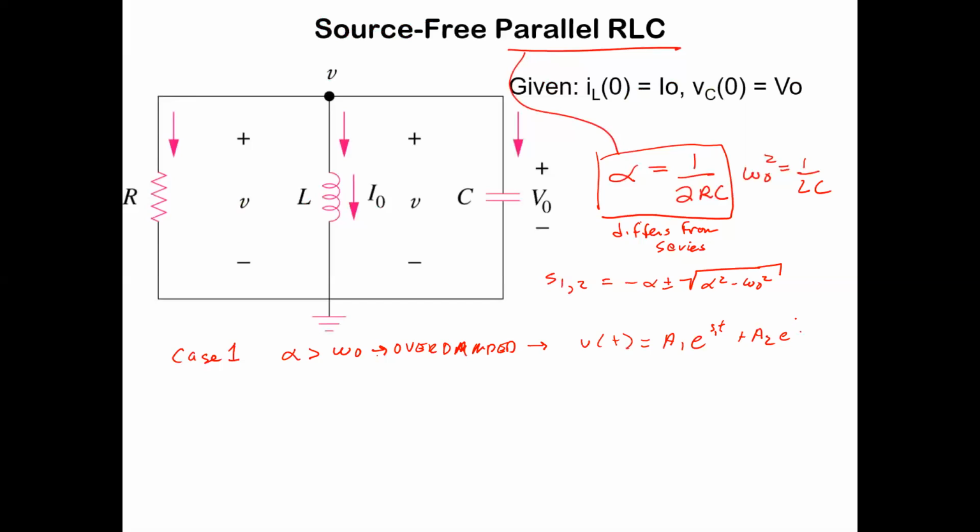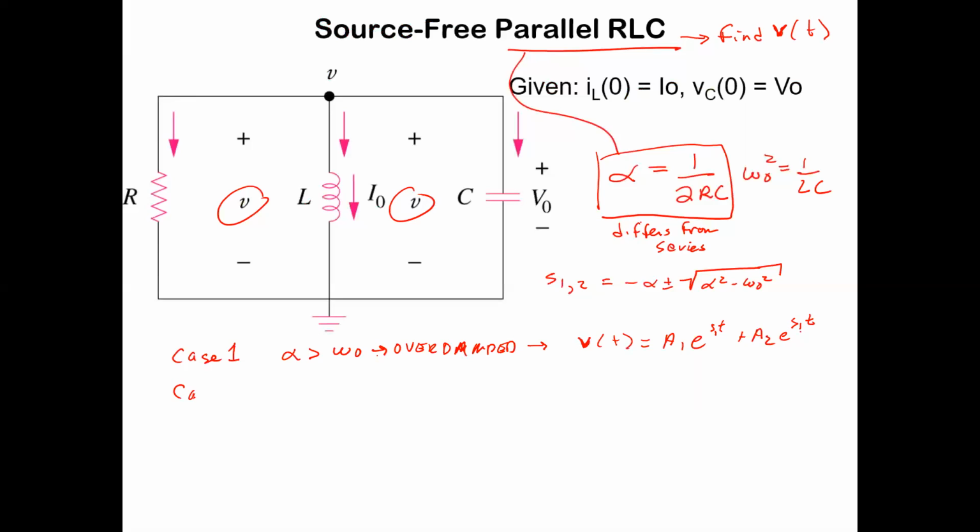I should also say we're defining the solution in terms of v now, because v is the common parameter in all those elements, right? So the solution is in terms of v. We're finding a v of t now instead of i of t. Those are the only two real differences.